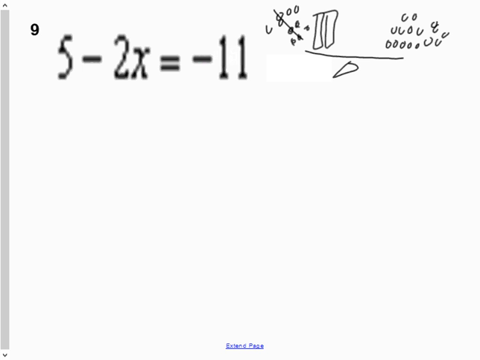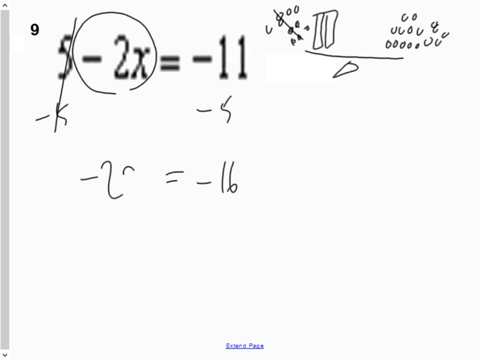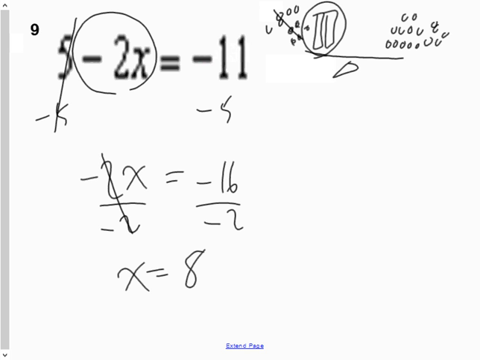So here I would add a negative 5 to both sides, and I would cancel that out. And over here I would have negative 16. But over here, notice how I don't have 2x left, I have negative 2x left, as I can see from my picture. So now I'm going to divide both sides by negative 2, and x will equal whatever negative 16 divided by negative 2 is, a positive 8. So your answer is x equals 8.